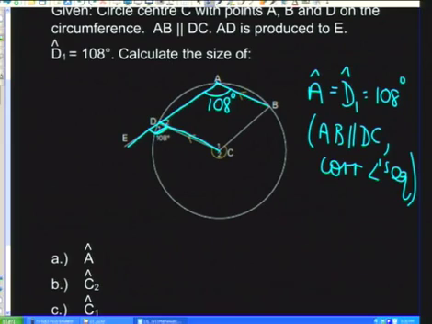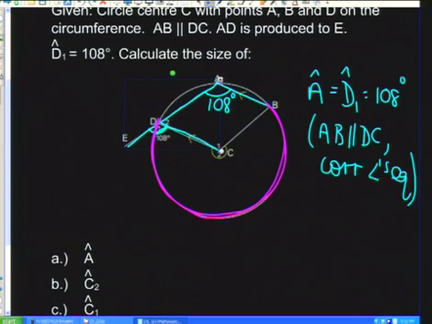Now, this angle on the circumference, this blue angle, is subtended by this arc DC, or DB. But DB would subtend the angle C1. We need to find out which arc has subtended a circumference angle of 108.